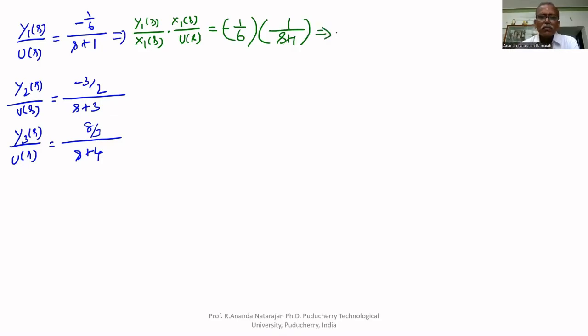This implies x1 of s by u of s equal to 1 by s plus 1.